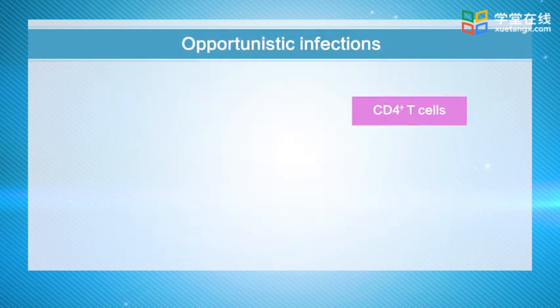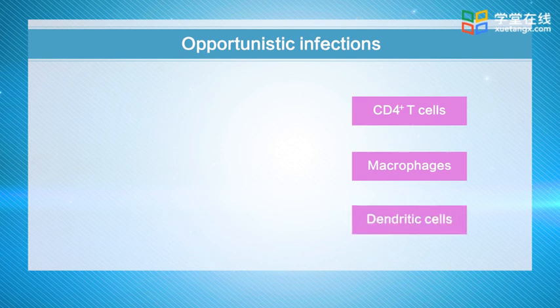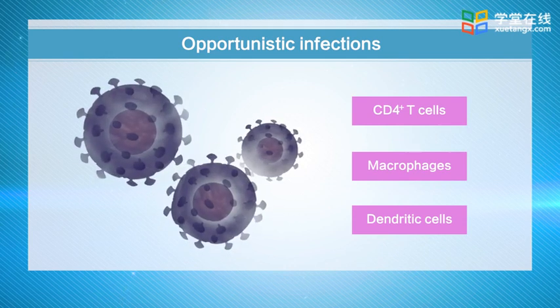CD4 T cells, macrophages, and dendritic cells play a major role in protecting the body from infection. Over time, these cells are killed by HIV, and the body's ability to recognize and fight some types of infection begins to decline.